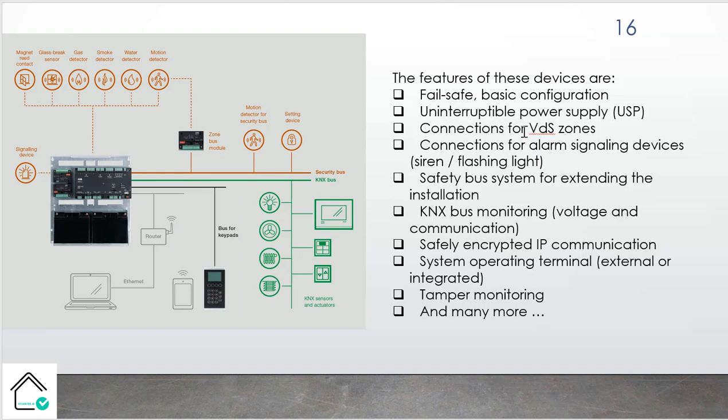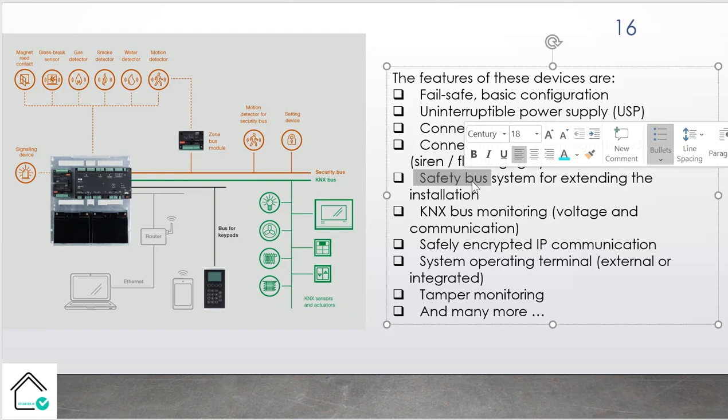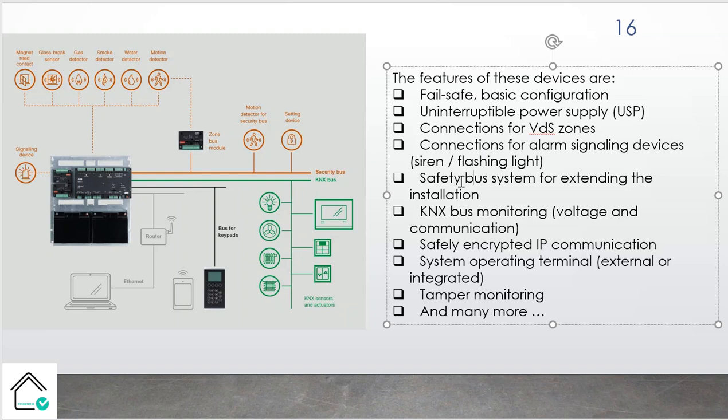It has a UPS, I mean it's a battery. Connection for the VdS zone. There's a connection for the VdS zone for this center. Connection for alarm signal devices, siren and flashlight. Safety bus system for extending the installation. You can see the safety bus system. So the information or data is coded and decoded between the devices in this center.